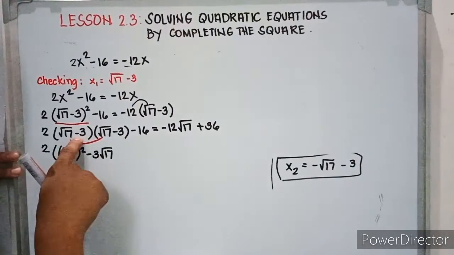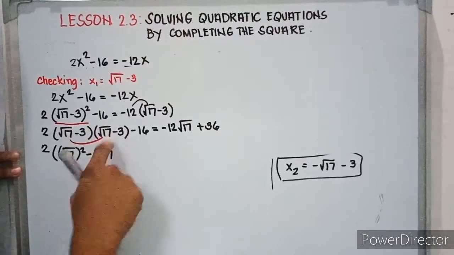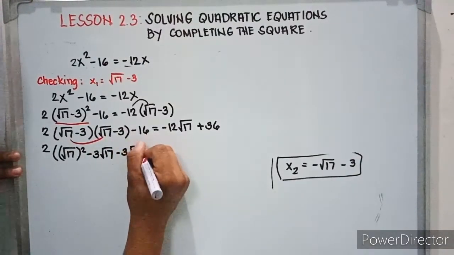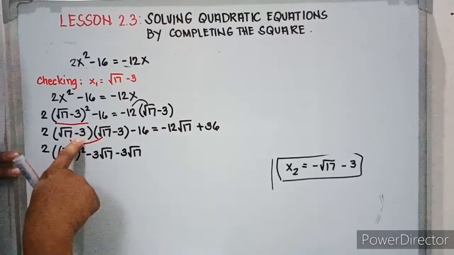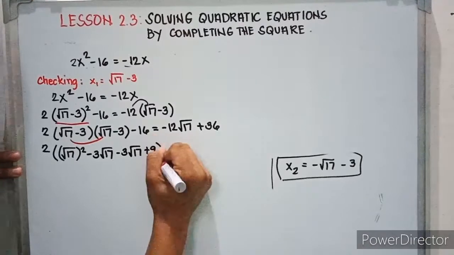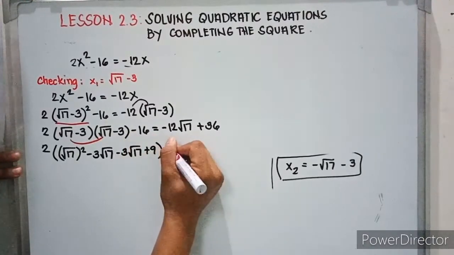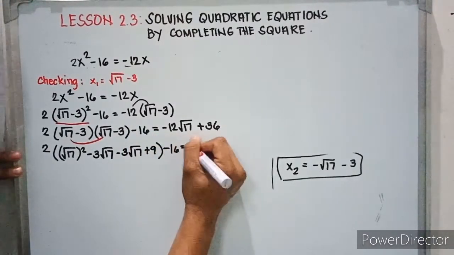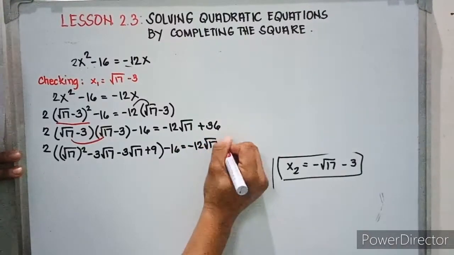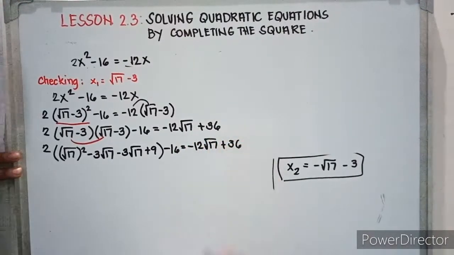Then, negative 3 times square root of 17, that is negative 3 square root of 17. Then, negative 3 times negative 3, that is positive 9. Then, minus 16 equals negative 12 square root of 17 plus 36.